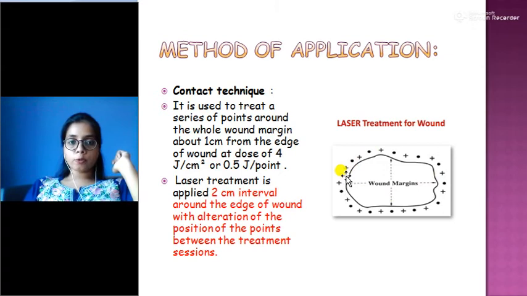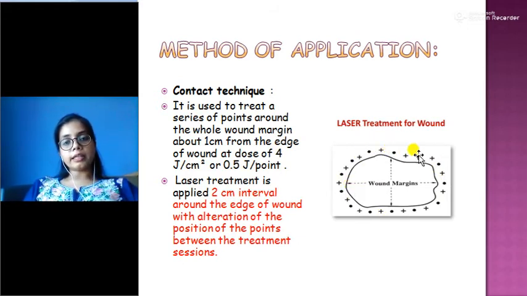The dose is 4 joules per centimeter squared, or it can be 0.5 joule per point. You have to mark this while giving treatment, and you will be treating them alternately. If on day 1 you are treating these dots, then on day 2 you will be treating this plus. That is how the treatment is given.